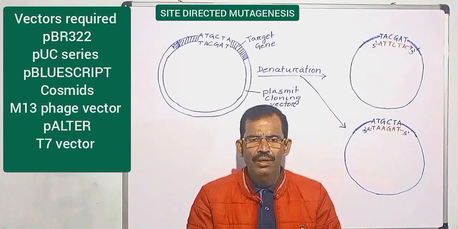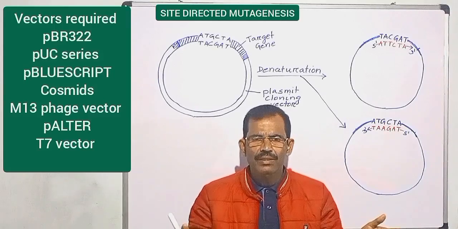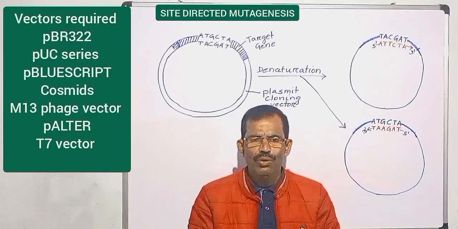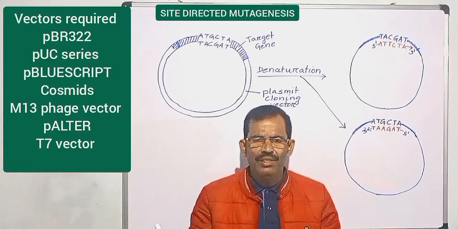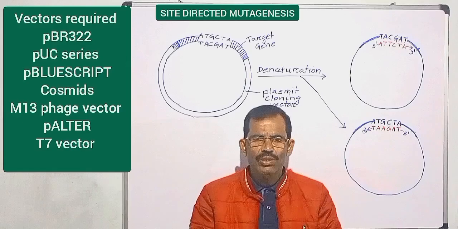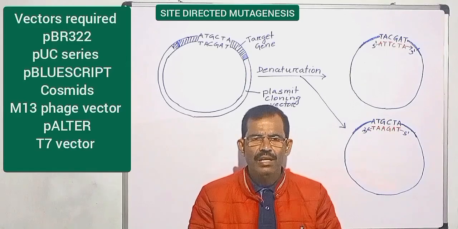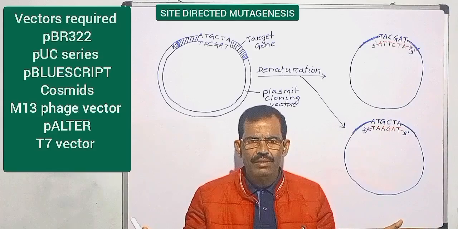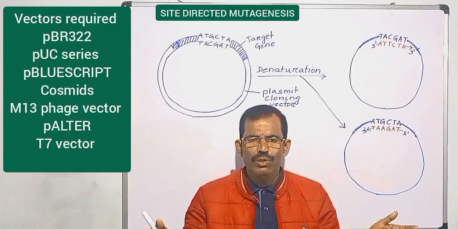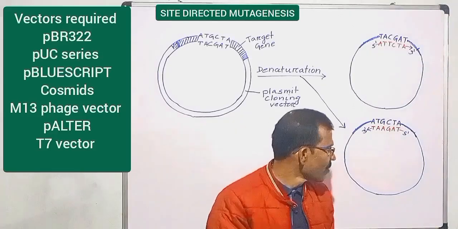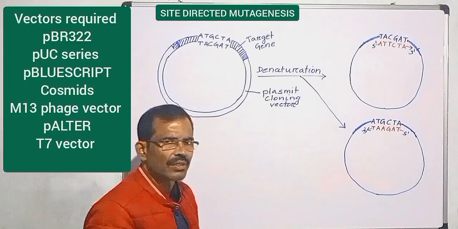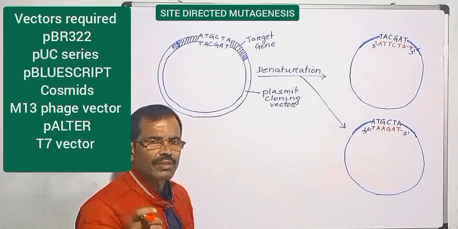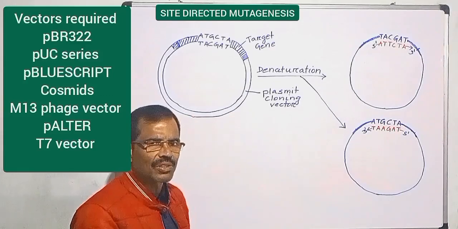In addition, M13 phage vector is also used for site-directed mutagenesis. Other specialized vectors such as pALTER and T7 expression vectors are also used for specific purposes. This figure illustrates the principle of site-directed mutagenesis.